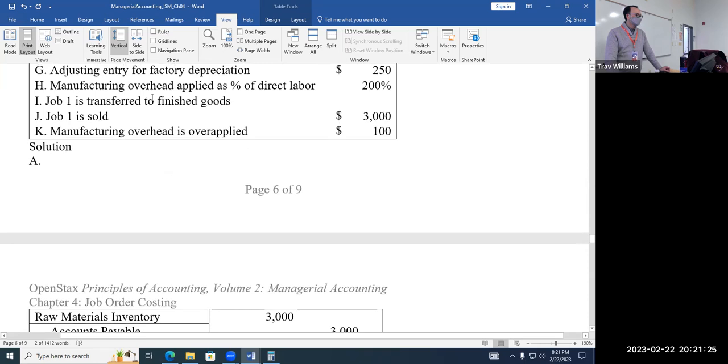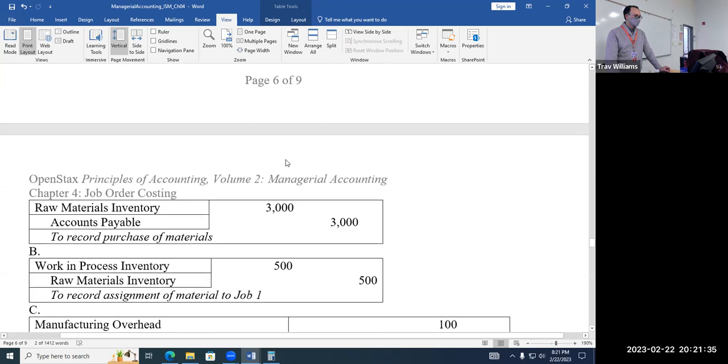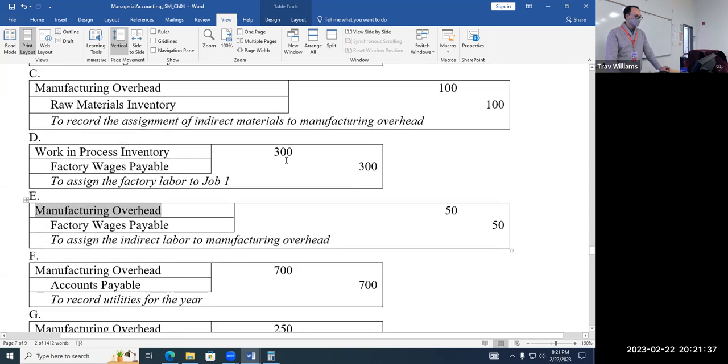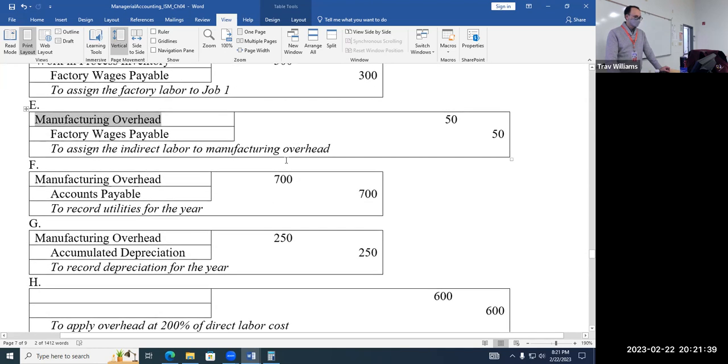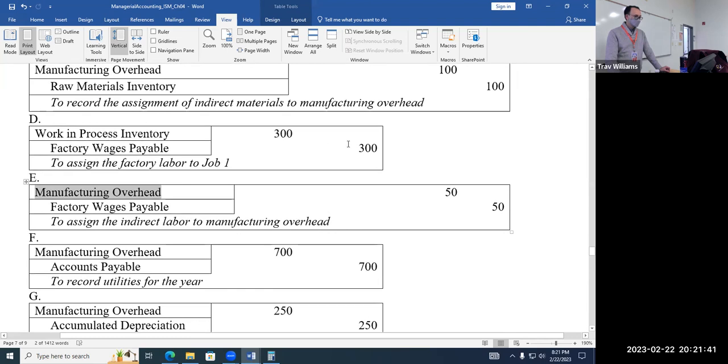H is applying manufacturing overhead as 200% of the direct labor cost. Okay. So direct labor was this $300.